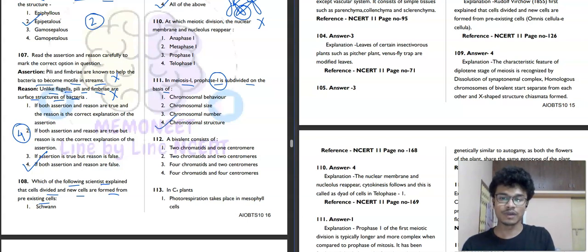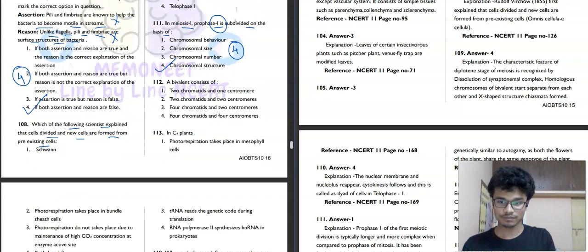So the fourth option will be our correct answer for this question, because we know how chromosomal structure changes between these phases of prophase I. And if we want to see that, we can see that the nuclear membrane and nucleus reappear, cytokinesis follows, and this is called the dyad of cells in telophase I. And apart from that, we can also see characteristic features of chromosomes in different stages of prophase I. So moving towards the next question.